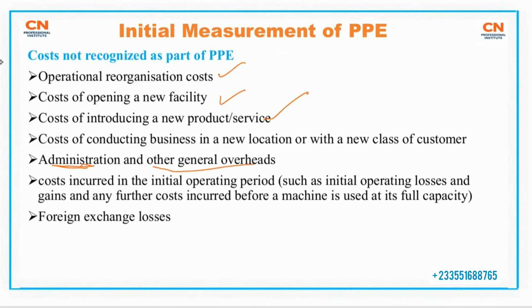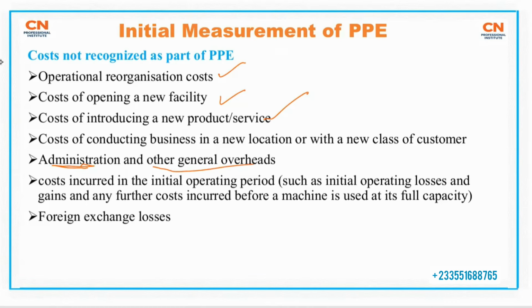But general overheads are not, so please be careful. The question 16 I showed you, that lengthy question, has both administrative and general overheads, and production overheads. Production overhead should be added as the PPE is being produced or manufactured, but the general overheads we don't.